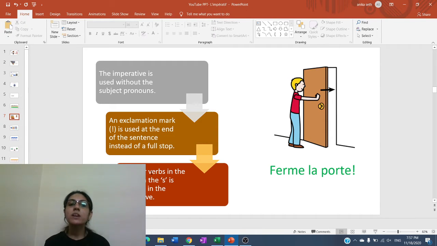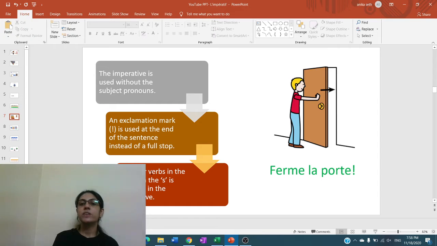But when we are making this verb imperative, we remove that S from the conjugation. So in the case of ER verbs, like parler, aimer, habiter, détester, manger, we do not put the S with tu in the imperative.